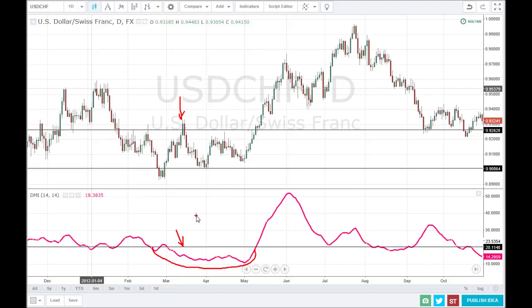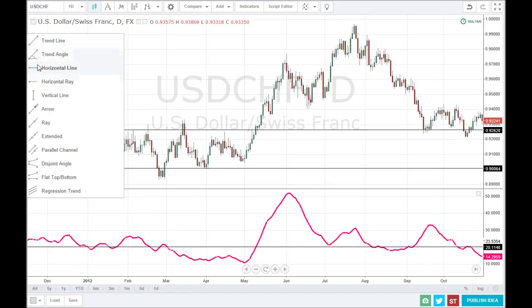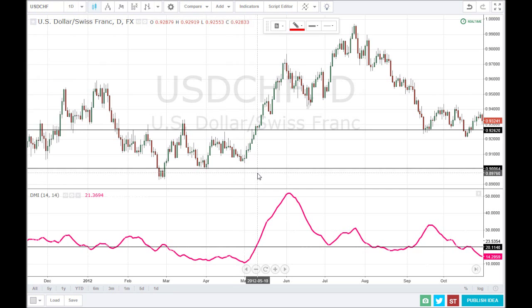But you'll notice that when we have the real breakout of this range, which is here, our indicator shows the ADX line above the 20 zone on the indicator. And what's interesting is the ADX line comes out of the 20 zone before price fully breaks out.